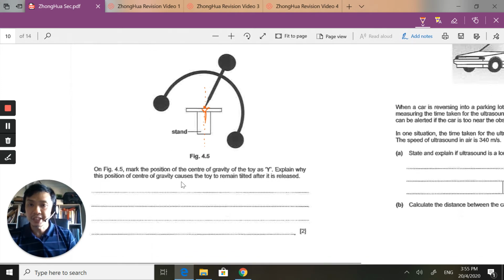And explain why the position of the center of gravity causes the toy to remain in this position after it is released.